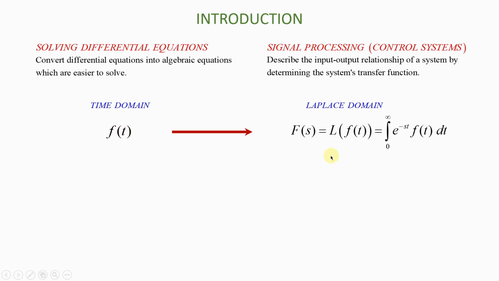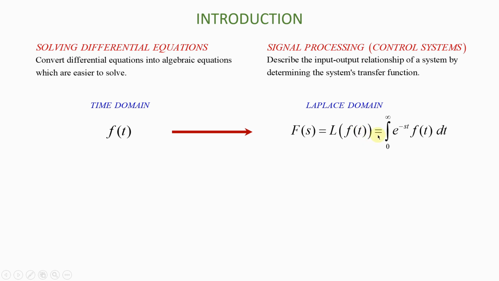And the way to write that, to say that it is the Laplace transform of f(t), you just write capital L and in brackets you put f(t). This means that F(s) is the Laplace transform of this function f(t).